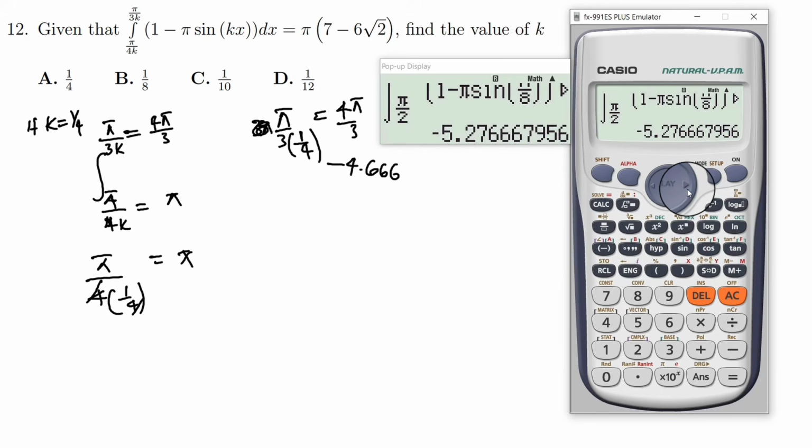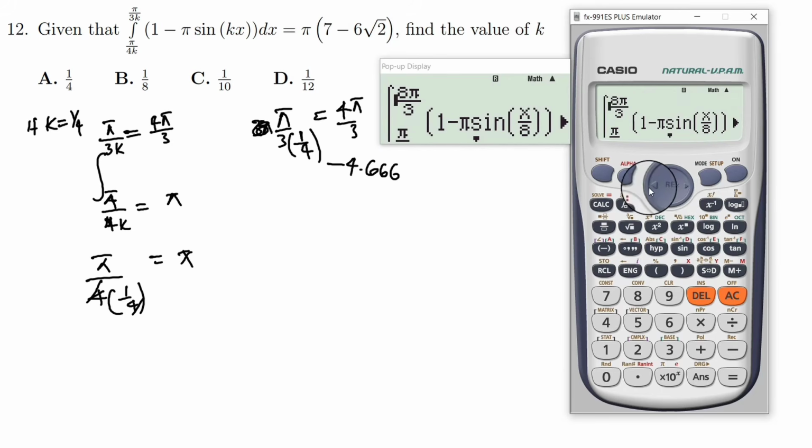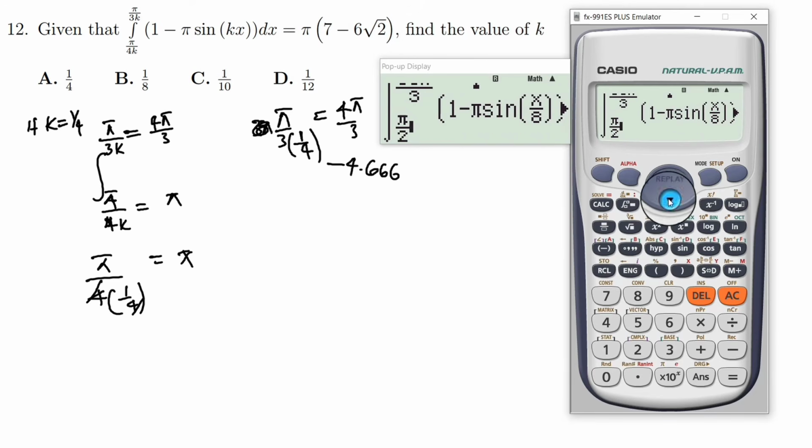So let me change my k to be 1 over 10. So if this is 1 over 10, I'm going to have this to be 10 pi over 3. Then this, I'm going to have 10 pi over 4.